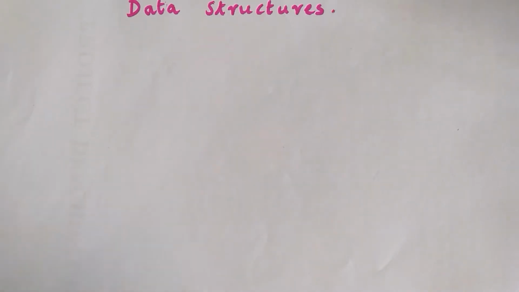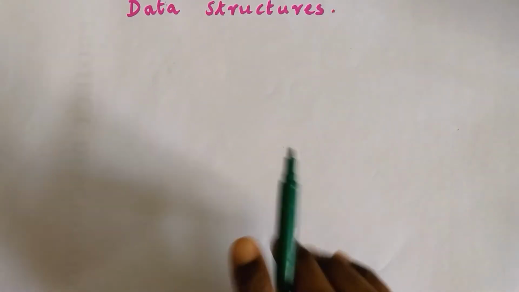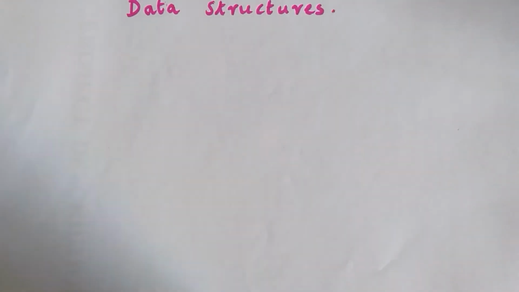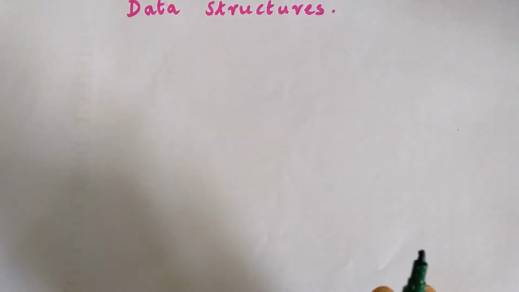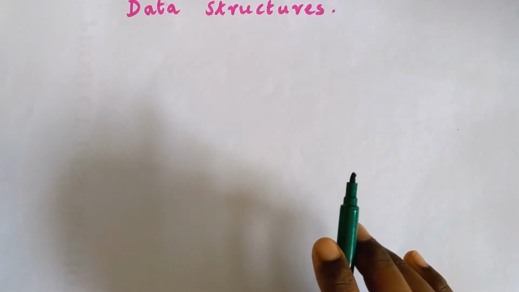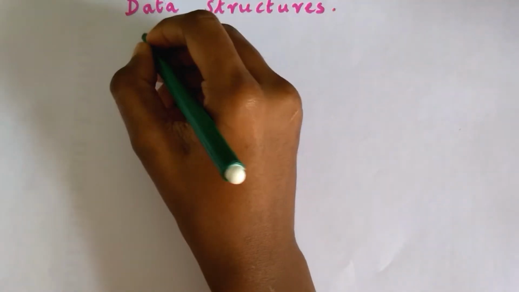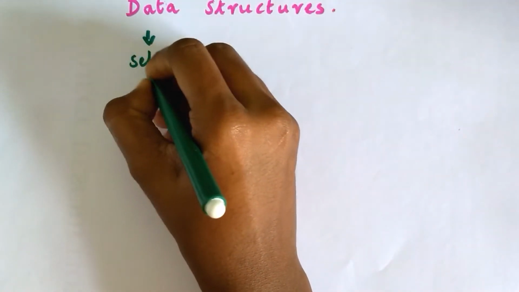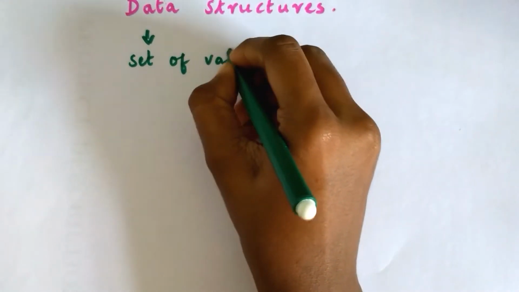Structure, in the sense, means we are going to organize or manage the data in a particular way. This is called data structures. The definition is organizing the data in different ways. Data here is nothing but a set of values.